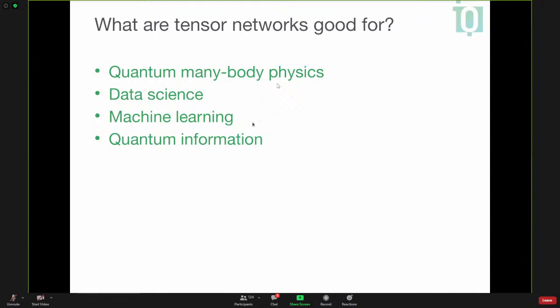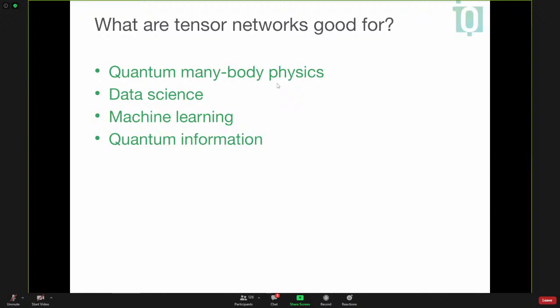So this is a very active area of research. And of course, tensor networks have been employed quite a bit in quantum information, both as a theoretical tool to theorize and, say, prove bounds, etc., but also as a practical tool for simulation of quantum circuits and other quantum systems.